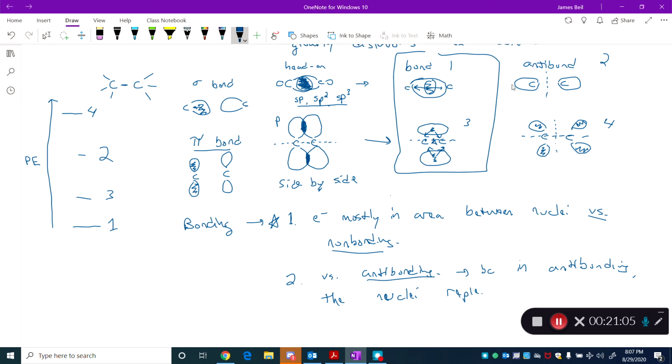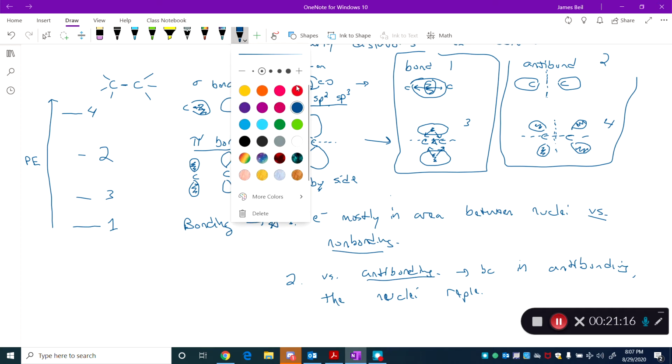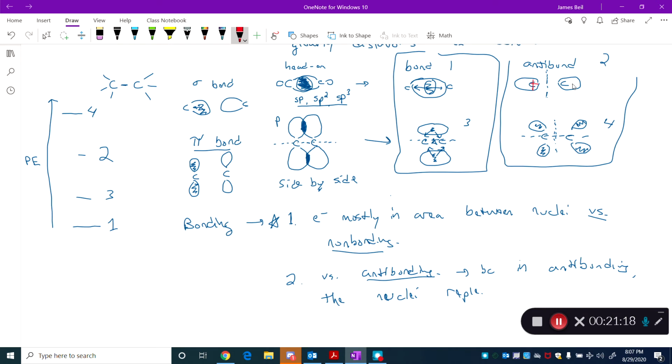When we look at any of the anti-bonding molecular orbitals, what we see is there's always a node between the nuclei, so there's no electron density in that area, and the positive charge associated with the carbon's nucleus has really no negative in this area.